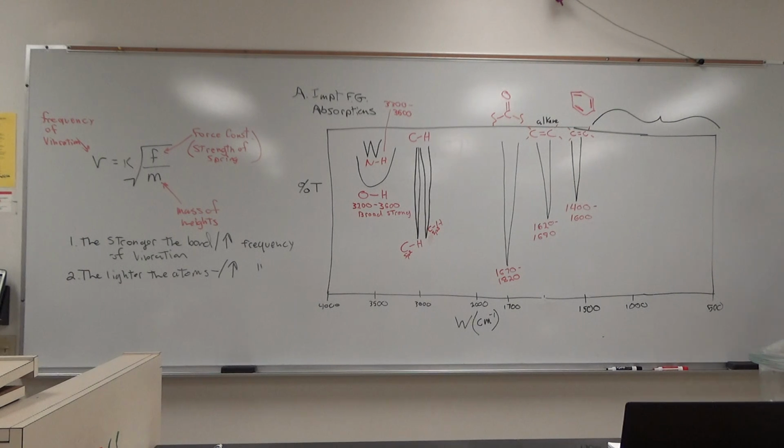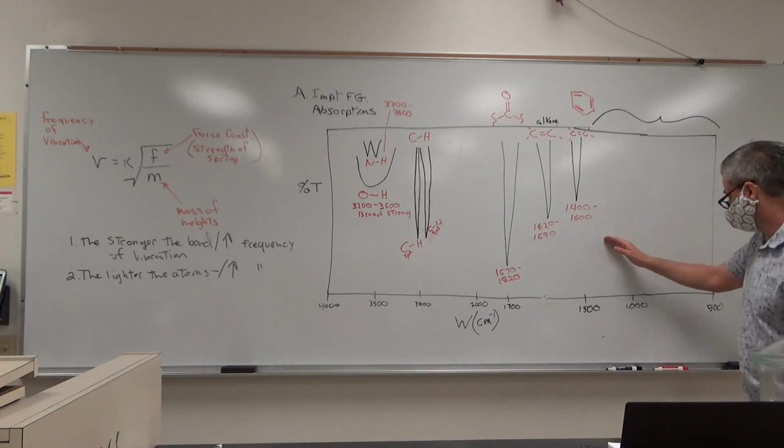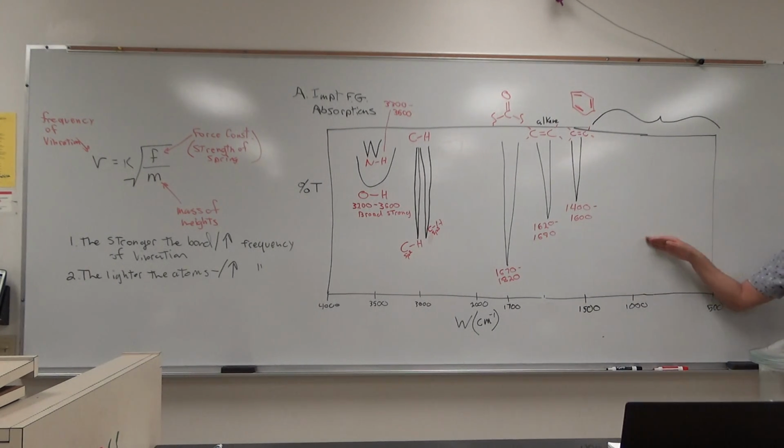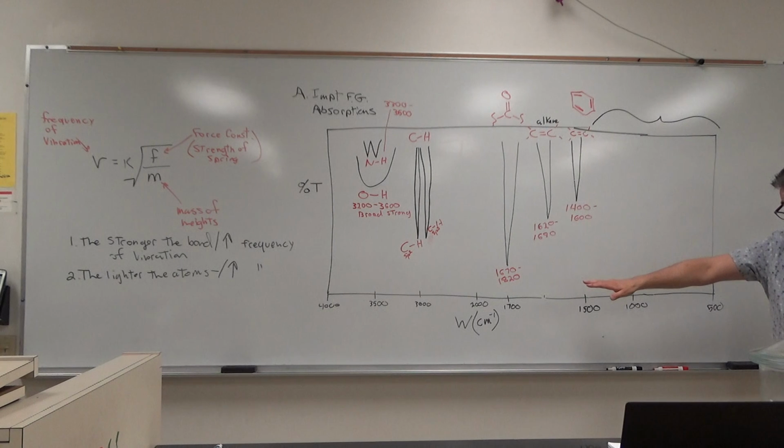And sometimes you can get useful information out of it, okay? But sometimes this gets less and less useful, okay? Because there's so many peaks. They tend to be weaker than some of the other peaks at higher frequencies, okay?